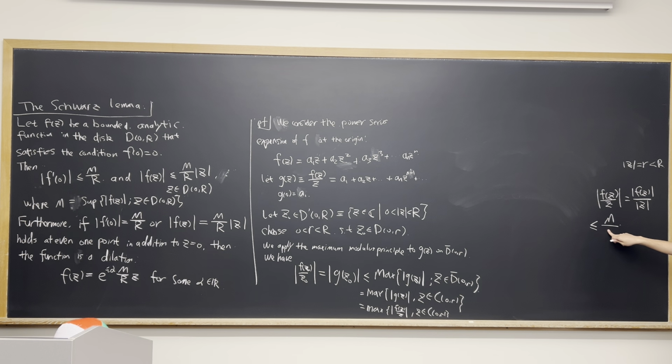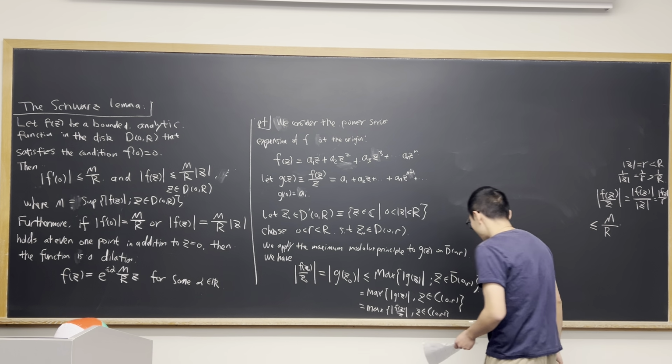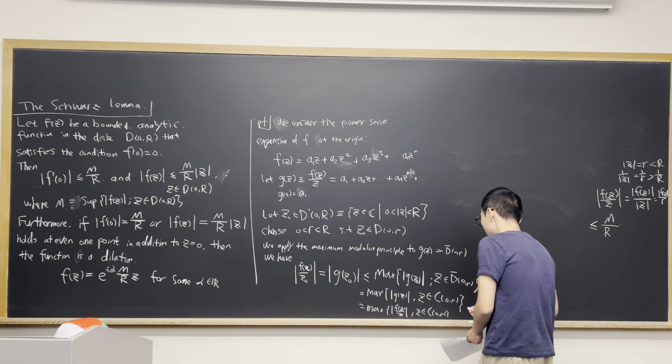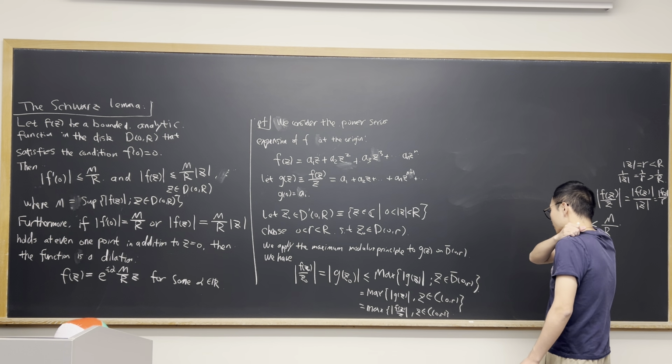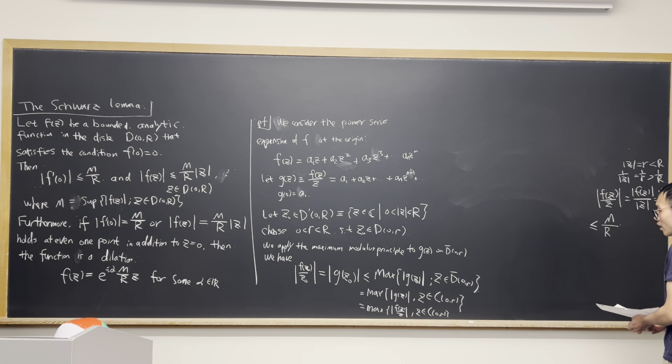So here we have that 1 over modulus of z, which is 1 over r, is bigger than 1 over R. So we know that this modulus of f(z) over z is less than or equal to the big M over R.